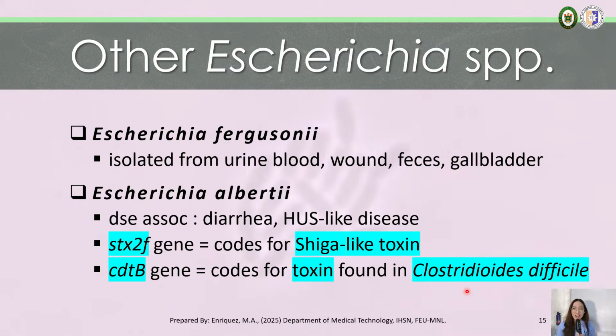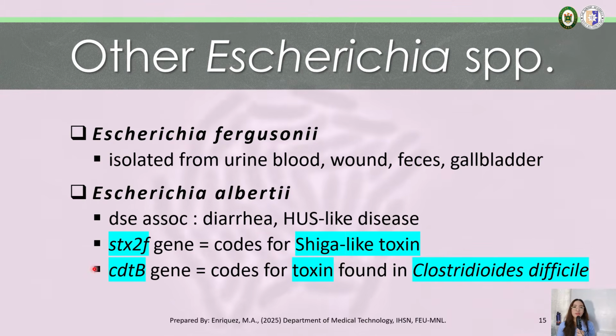So they're actually quite easy to remember. It may look confusing at first kasi parang what are these random letters and numbers, diba? But if you look at the first two letters, ST, then it could code for the Shigella-like toxin. Next, itong CDTB, ang first two letters ay C and D, which could lead to the production of the same toxin found in Clostridioides difficile.